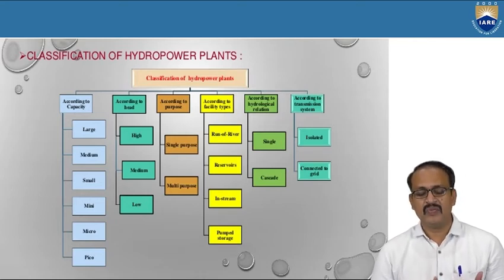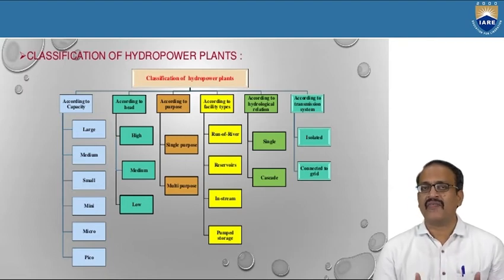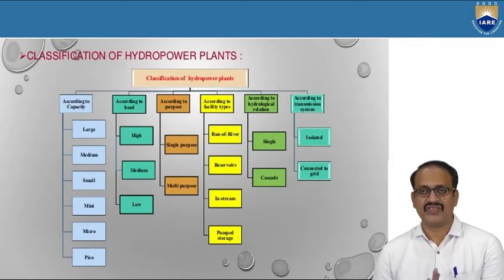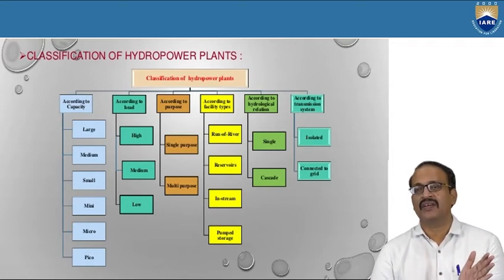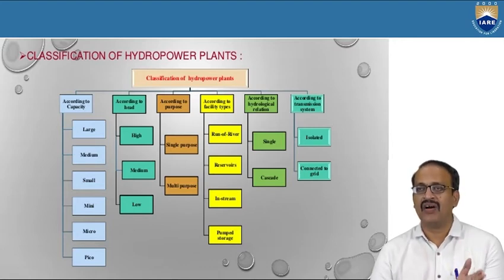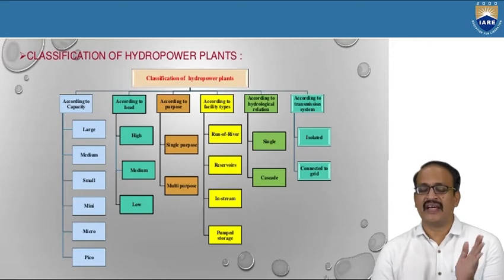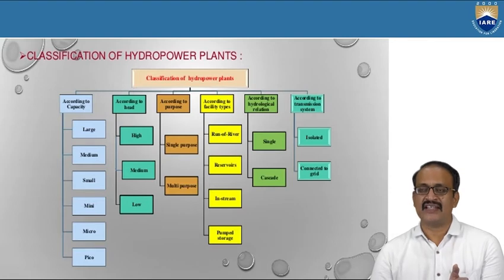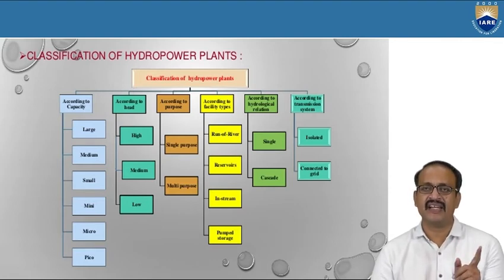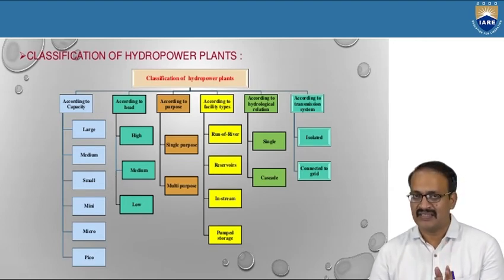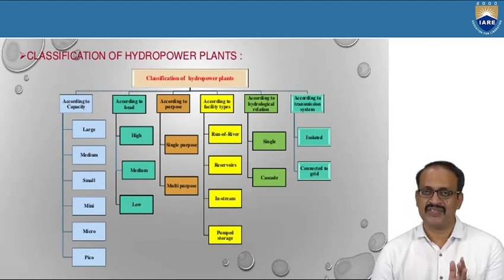So basically we have got an idea on what factors we can divide the dams. First is the capacity, whether they are large, medium, small, micro, pico, or mini. Or based on the head, whether it is a high head dam, a medium head dam, or a low head dam. Based on the purpose, whether it is a single purpose dam or a multi-purpose dam.